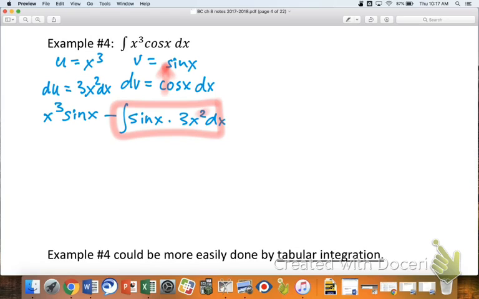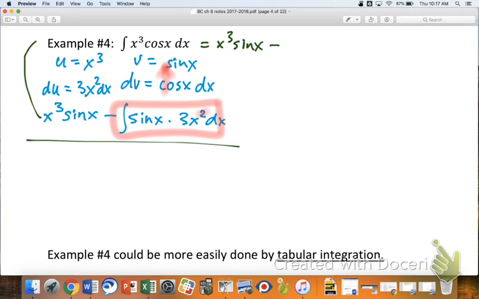Here's what we do. We keep going, and you'll see a pattern in a second why keep going is the right choice. So I'm going to remember that x cubed sine of x is part of my answer. I'm going to come up here and write equals x cubed sine of x minus, right?